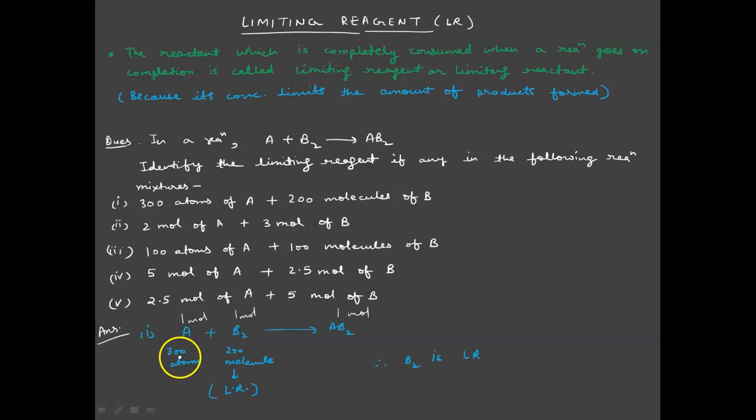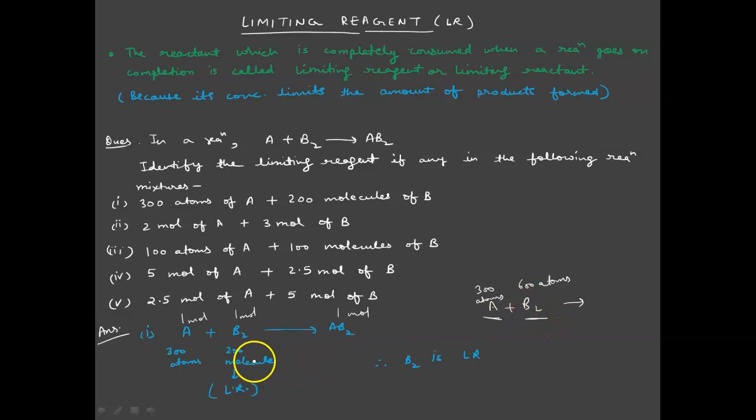So here 300 atoms is given. So A plus B2. If we have 300 atoms, then we have to use 600 atoms to balance this reaction, but in this we have been given 200 molecules.